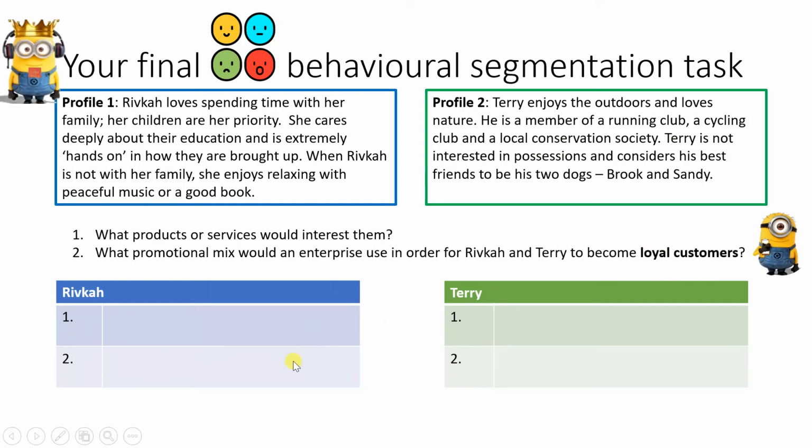So you need to go back over the previous lessons or think back over what we've done, and choose which of those 5 methods, or which combination, would actually get Rivka to become a loyal customer, and Terry, who's a very different customer, which combination of those promotional methods would suit Terry to help him become a loyal customer?